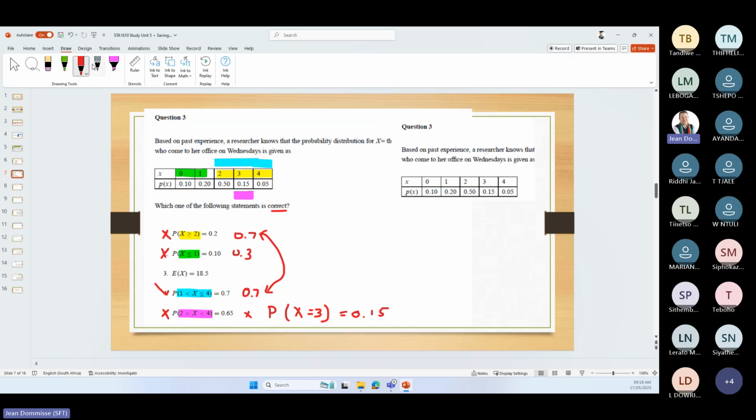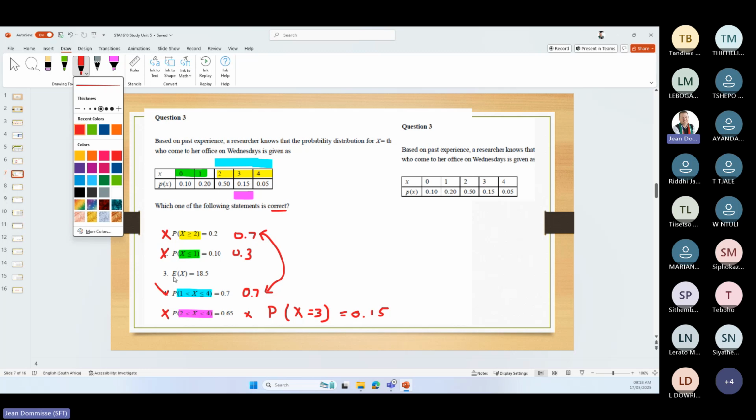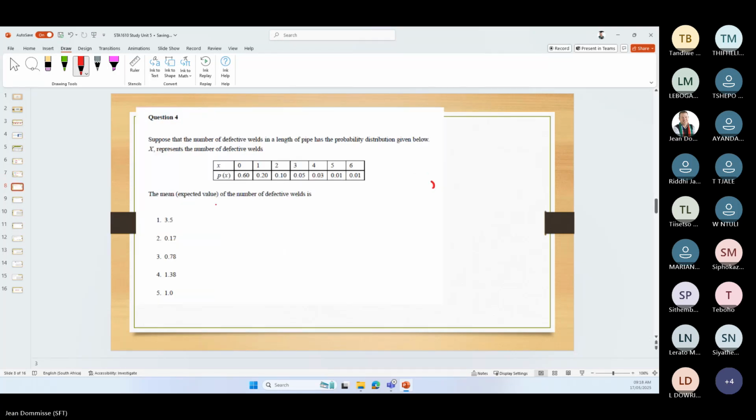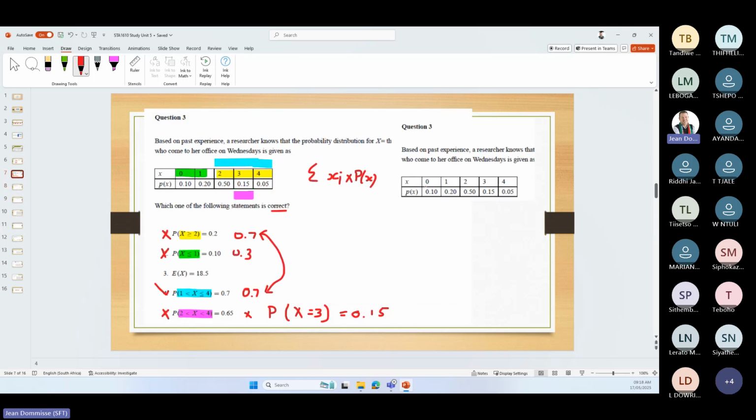And then for working out the E(X), or the mean, what you need to do is to say the X times the probability of X, and then we need to sum all of them. So for me, normally I will just say, okay, the 0 times the 0.1 is 0.